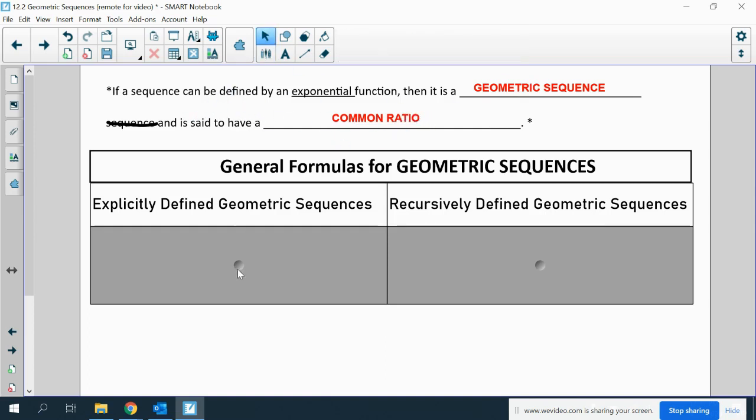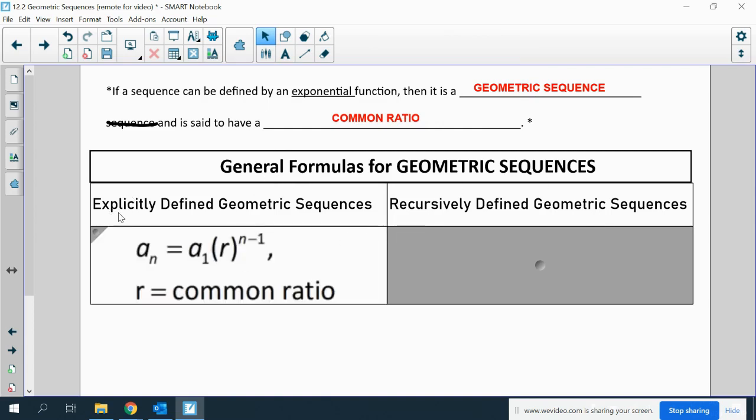So let's talk about general formulas for geometric sequences. If it is explicitly defined, that means we have one definition, and it works for all values. So a sub n is equal to a sub 1 times r to the n minus 1.